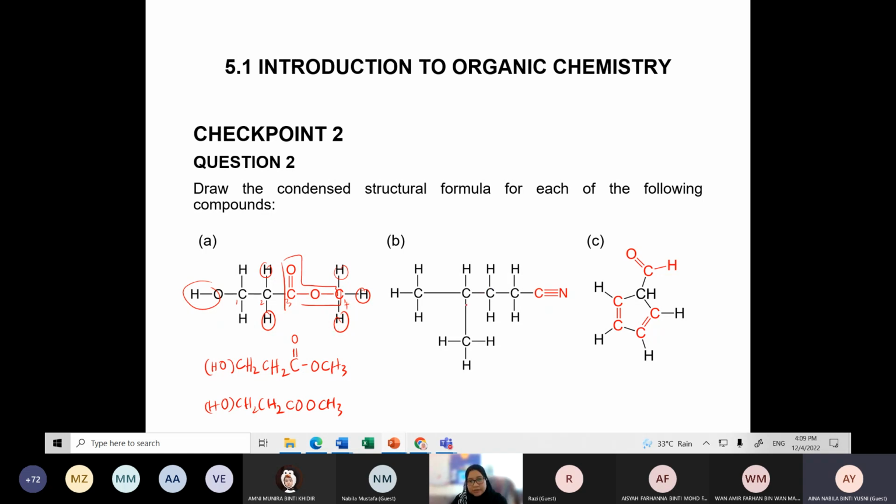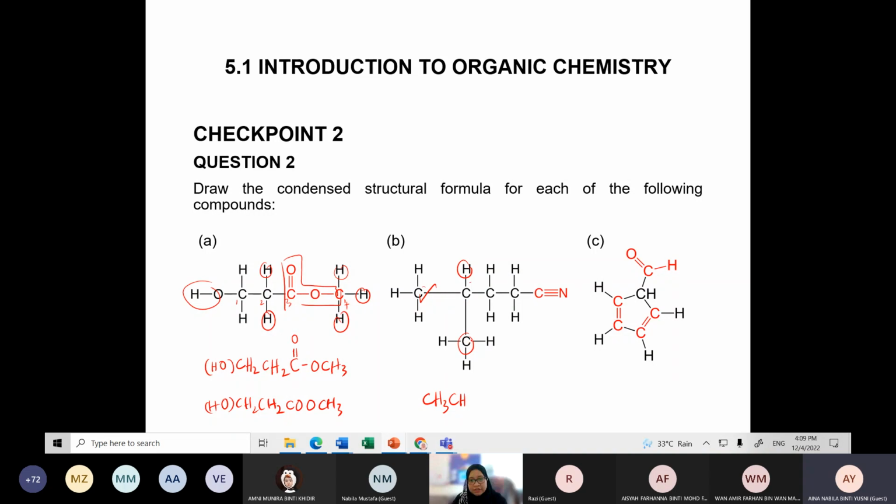How about this one? You are going to compress this expanded version into the condensed version. We may start from here. C, we have 3 hydrogens attached to it, and then this one, C, we have 1 hydrogen attached to it, and 1 C attached to the second carbon here.